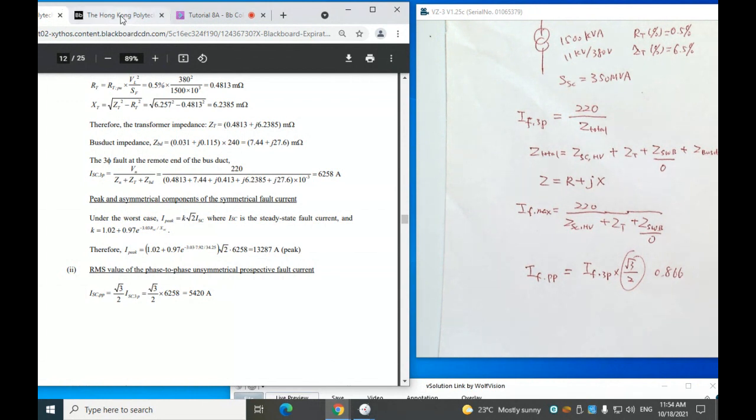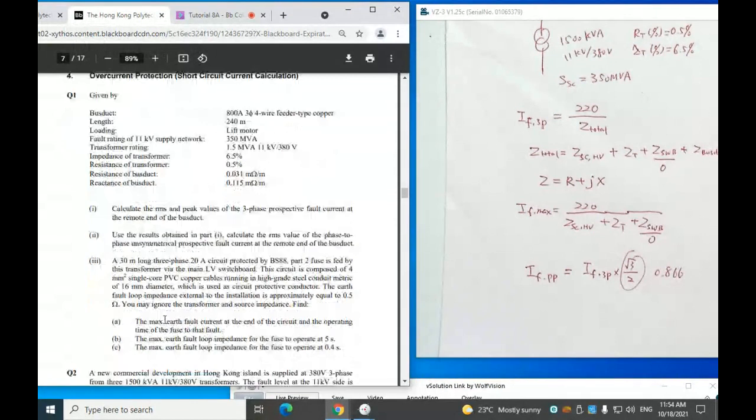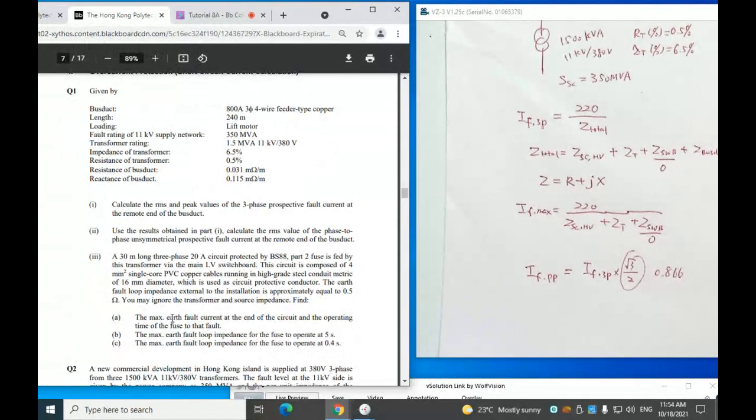And let's go to the question for part 3. For part 3, actually, it's the earth fault current. This case is different from the circuit here. It's another circuit. This one says we have a certain mid-long 3-phase 20 amp circuit protected by a BS88 fuse.